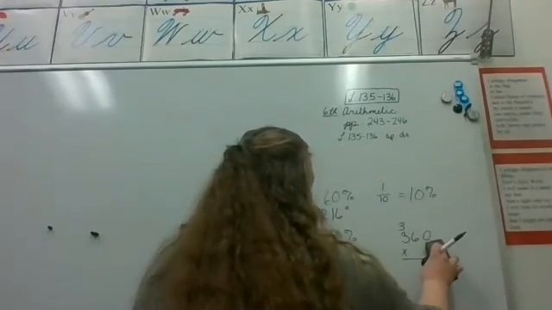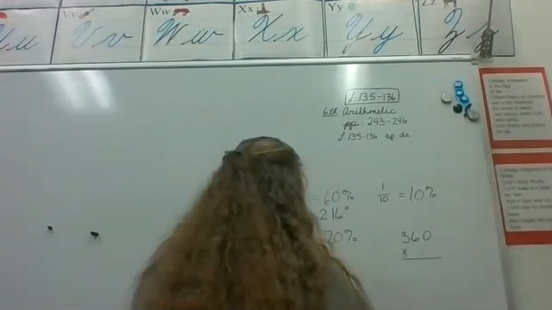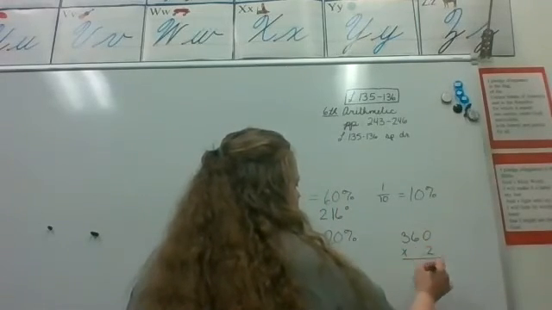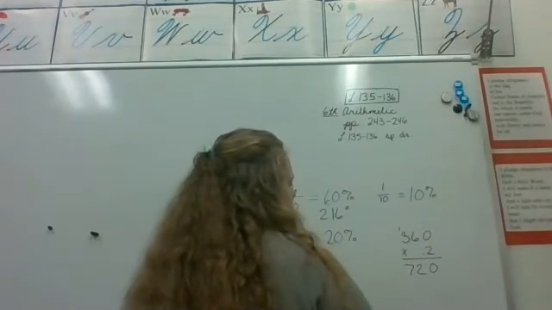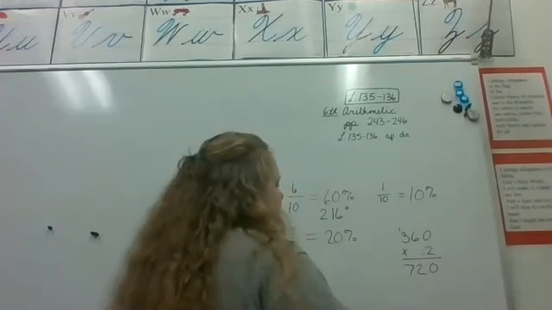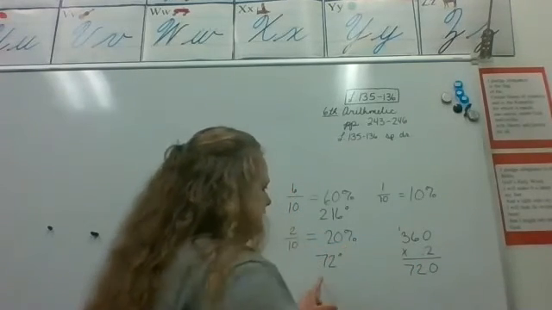And so we're going to multiply again for the 20%. 0.2, 2 times 0, 2, 2 times 6, 12, 2 times 3 plus 1 is 7. But our decimal, so this one is going to be 72 degrees, okay?